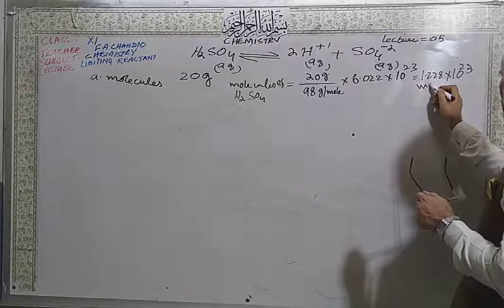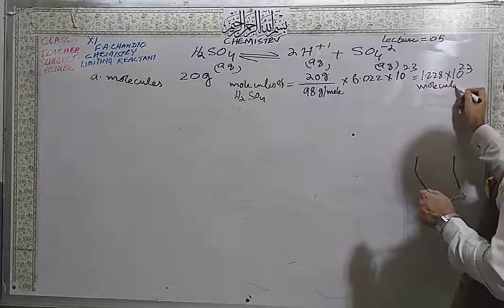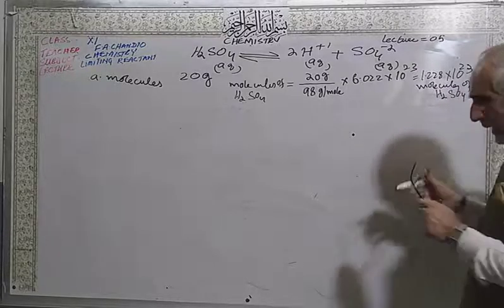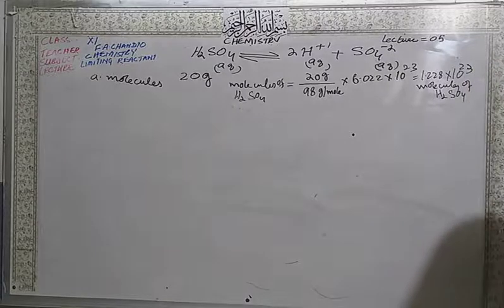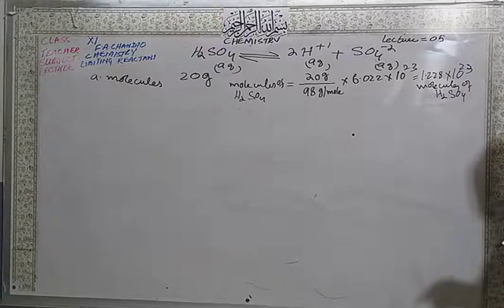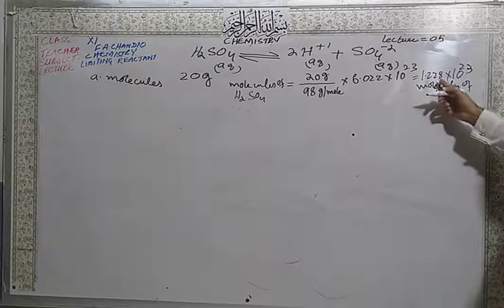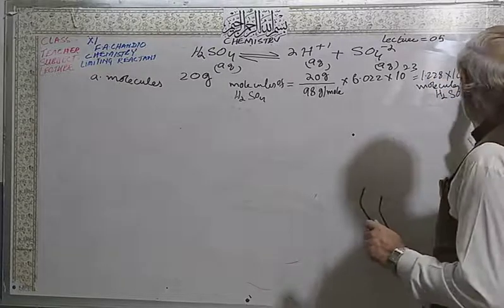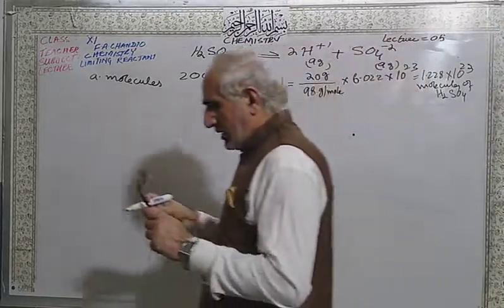These are the molecules of sulfuric acid. 1.228 rounded off will be 1.2. So this is the answer for the number of molecules. This is the A part.